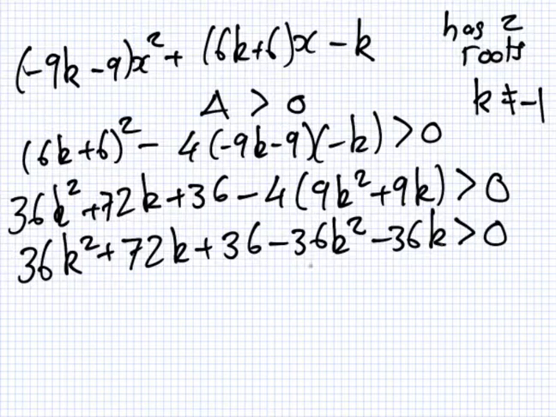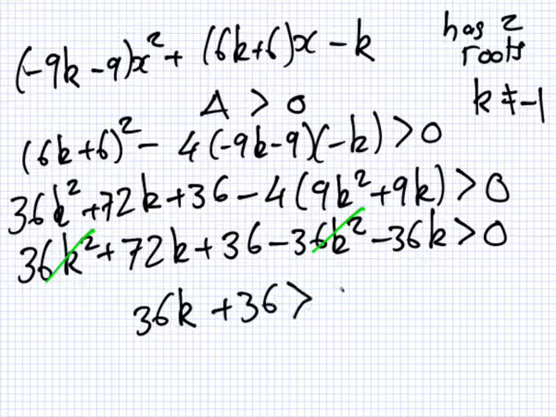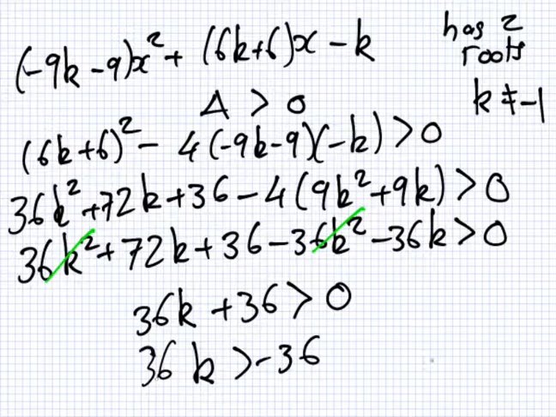So here, I open this and I get 4k squared minus 8k plus 4 minus 4, and now we'll multiply these two together. That's k squared, minus 4k plus k minus 3k minus 4. 4k squared minus 8k plus 4 minus 4k squared plus 12k plus 16.